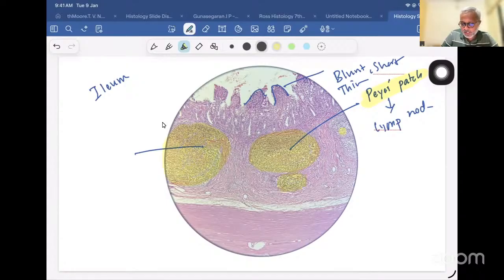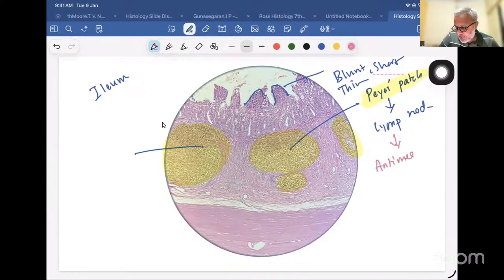The lymphatic nodules. Remember, these lymphatic nodules are present only along the anti-mesenteric border. If the examiner wants to make your life difficult in spotters, if you don't focus on the anti-mesenteric border, you will never find the Peyer's patches.